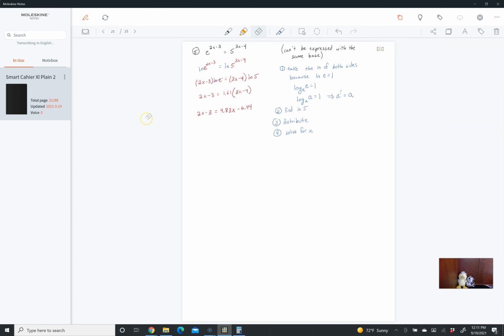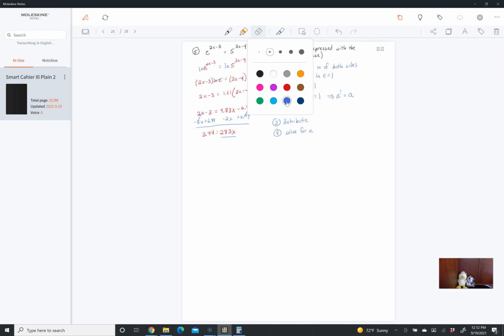Isolate. So we can subtract 2x from both sides and add 6.44 to both sides. The 6.44 will cancel, the 2x will cancel, and you will get 3.44 is equal to 2.83x.